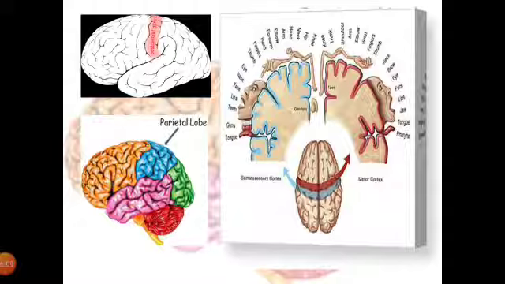Now we can see here the picture of the homunculus structure, which also follows a somatotopic distribution, which means that there are specific areas which receive the specific somatosensory as well as the motor innervations from different parts of the brain and the organs. If we move from medial to lateral, then it starts from below to above.